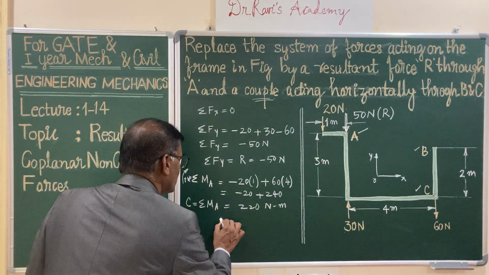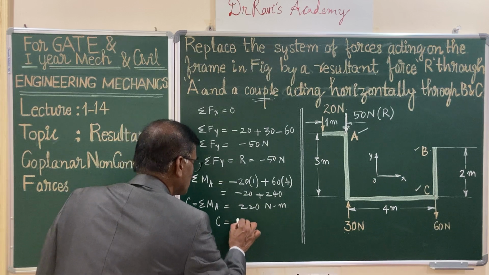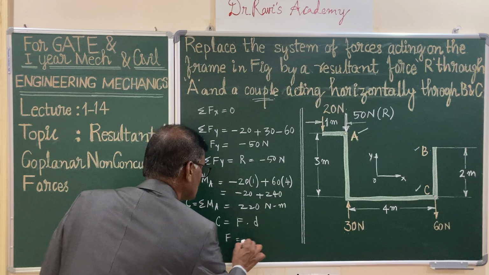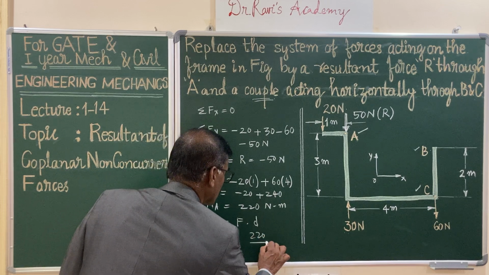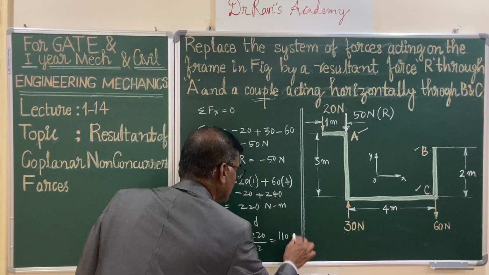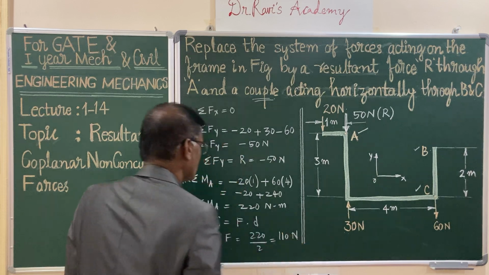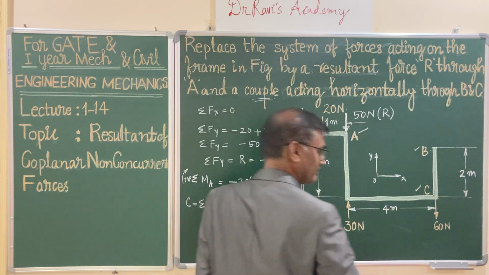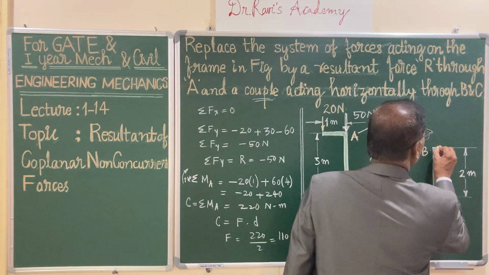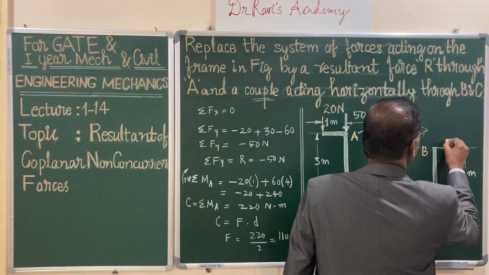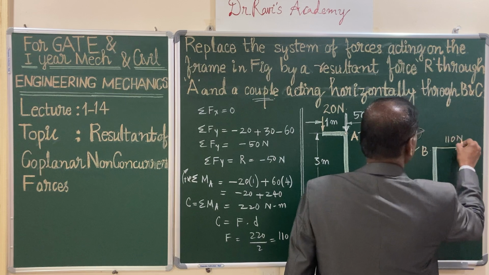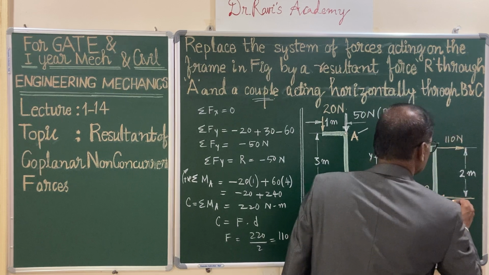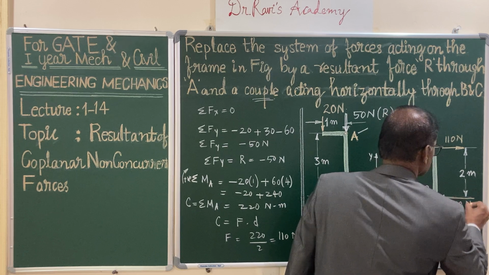So your couple C is equal to F into D, and your F is equal to 220 by 2, it is 110 newtons, and see that it is clockwise. So you have to incorporate a force acting at B, 110 newtons to the right, and another force acting to the left, again 110 newtons.